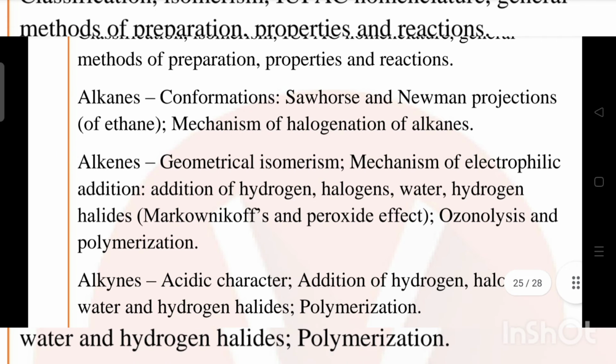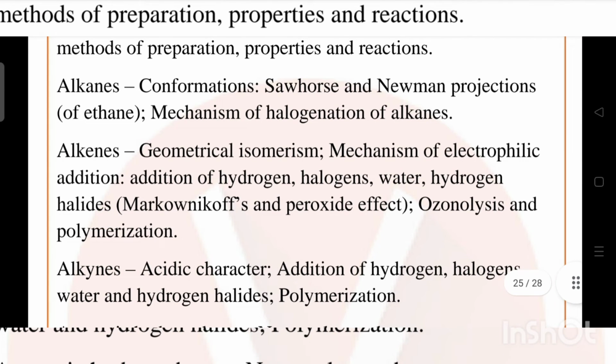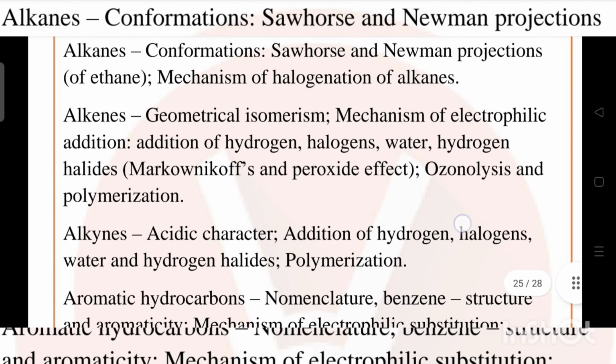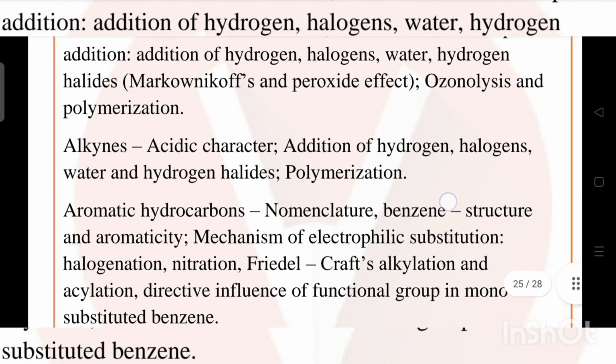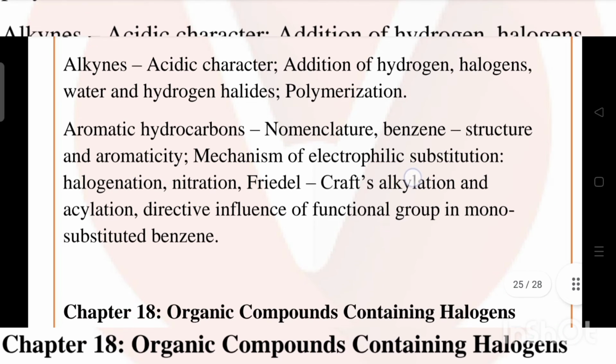In alkenes, geometrical isomerism, mechanism of electrophilic addition of hydrogen, halogens, water, hydrogen halides, Markovnikov and peroxide effect, ozonolysis and polymerization. In alkynes, acidic character, addition of hydrogen, halogens, water and hydrogen halides, and polymerization.